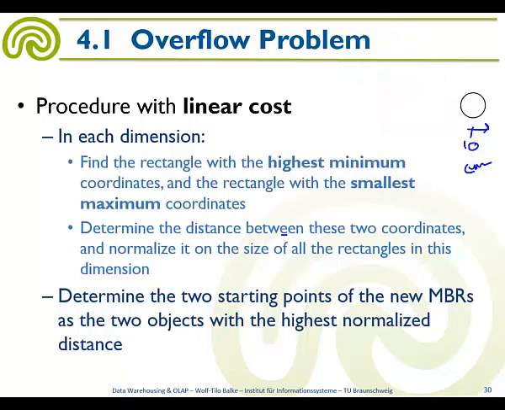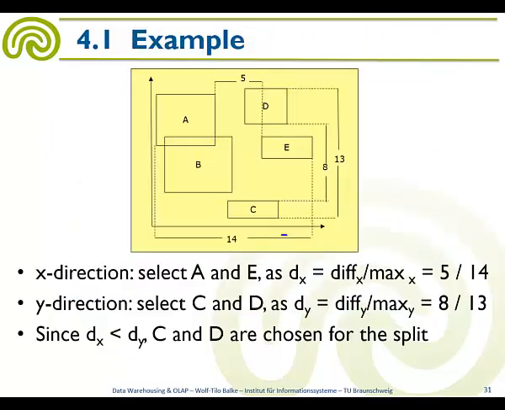So let's look closely at an example so we can basically imagine that. So we have here, as I said, only 2 dimensions, the x-axis and the y-axis. And now we start looking at these 2 coordinate points. So this, the highest minimum. So in the x direction, that would be the minimum here.